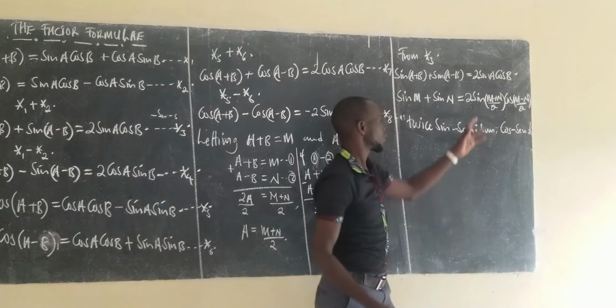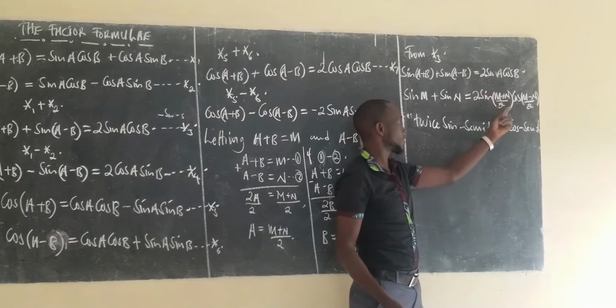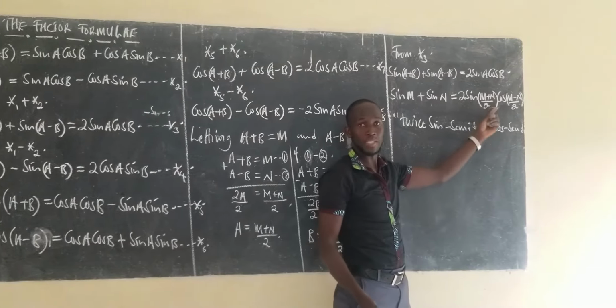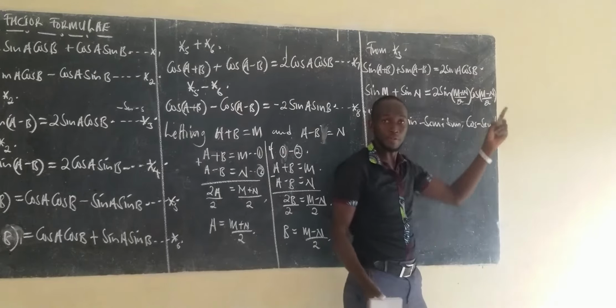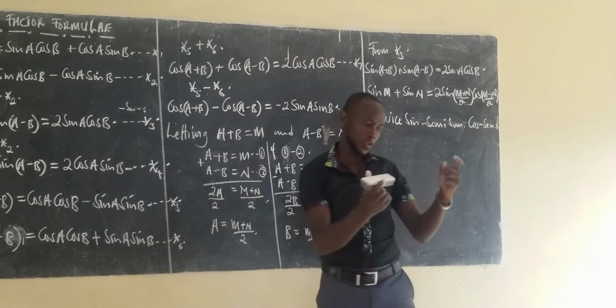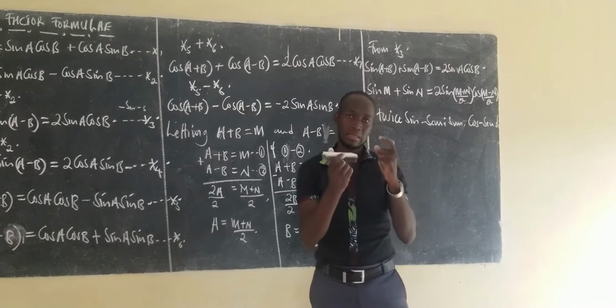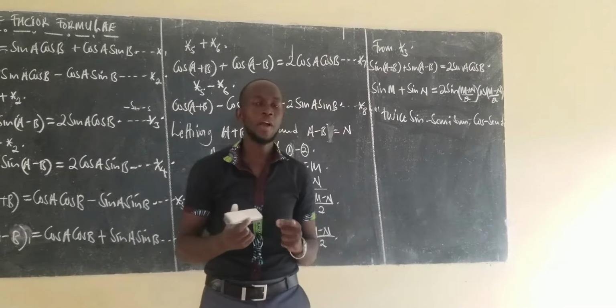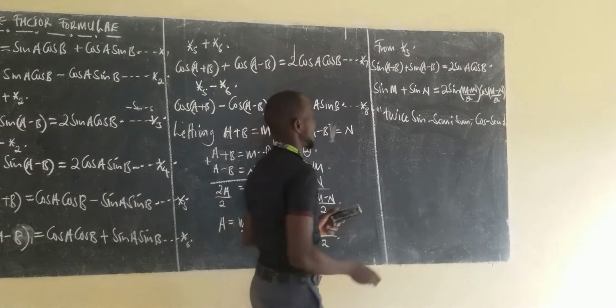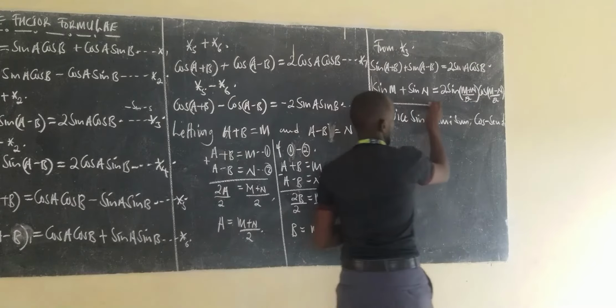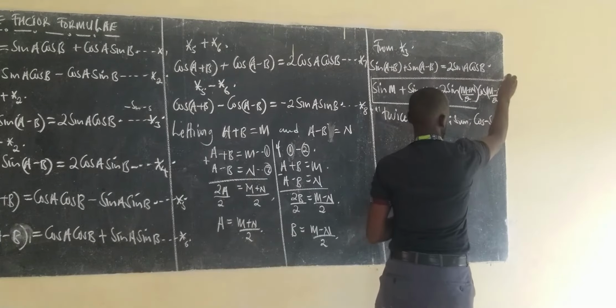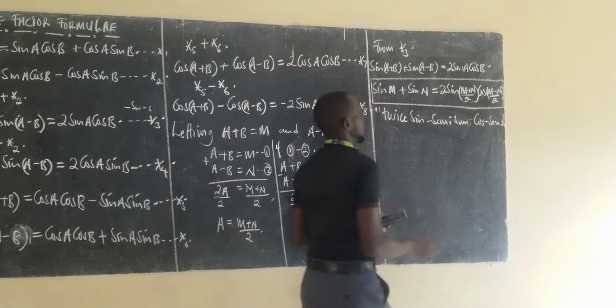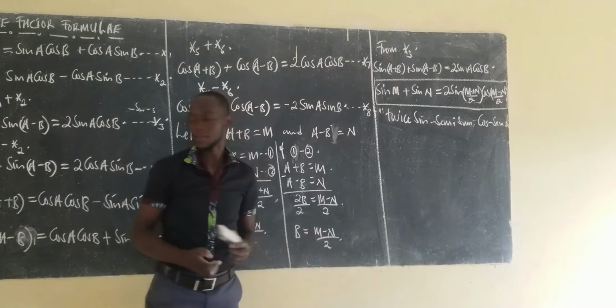You're talking about a half of the sum and a half of the difference. That's why you can easily say twice sine, same sum, cos, same diff. Diff referring to a difference. And when you have this, that is the factor formula for the addition of two sines.